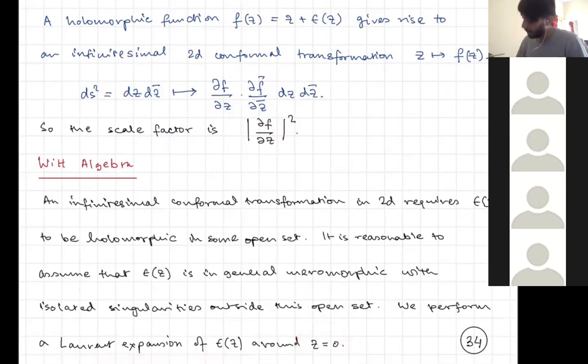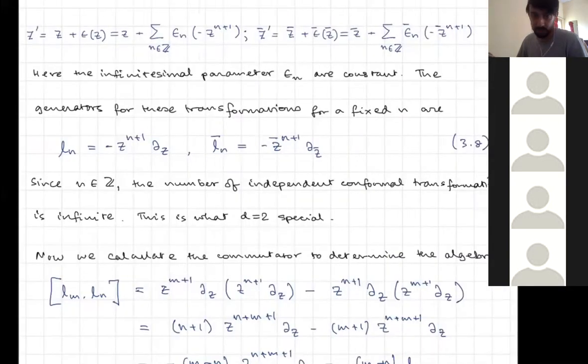So what we end up with is this infinitesimal transformation z prime, which is z plus epsilon z. This epsilon z can now be expanded in terms of this Laurent series, and that's given by these infinitesimal parameters epsilon n, which are constant, and these z to the n.